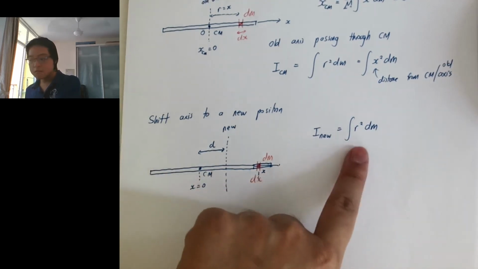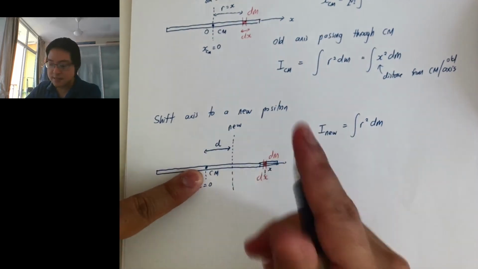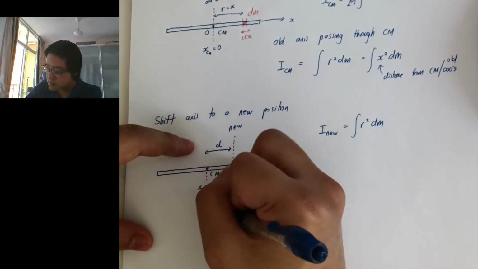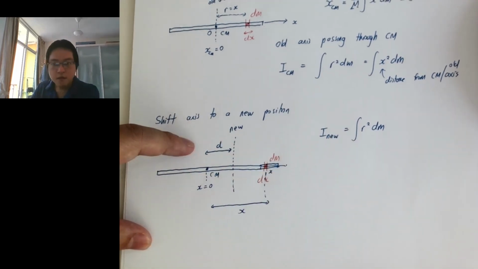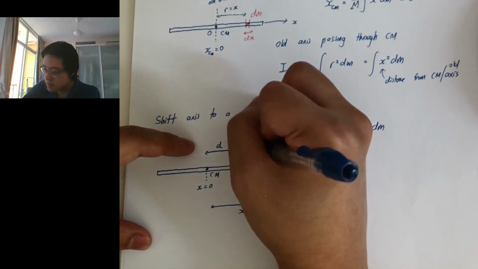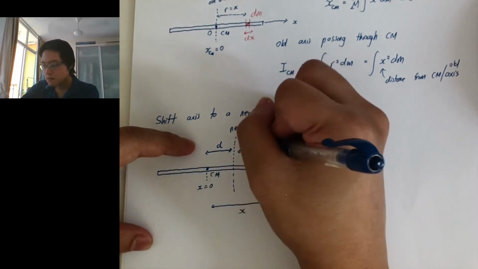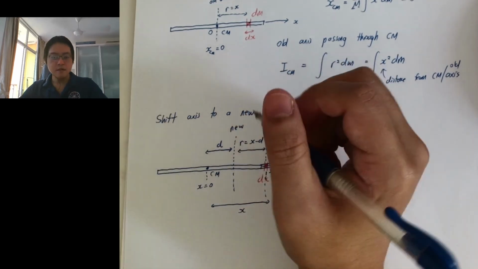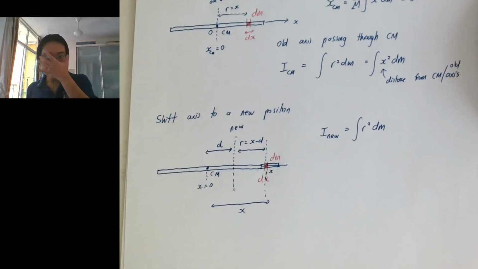Right now, I cannot put x, because x is the x coordinate, just this distance over here. This is my x coordinate. So what is r? r is x minus d. Agree? Follow so far? So r is x minus d.